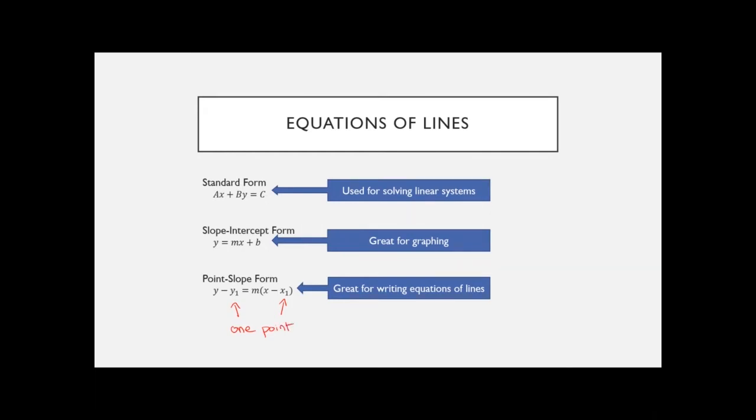So if you have to find your slope, then whatever x1, y1 you have in your slope is going to be the same value you use here. And then, of course, m is our slope, just like it is in slope-intercept form. So all you need is a slope and 1 point in order to write the equation of a line using the point slope form.